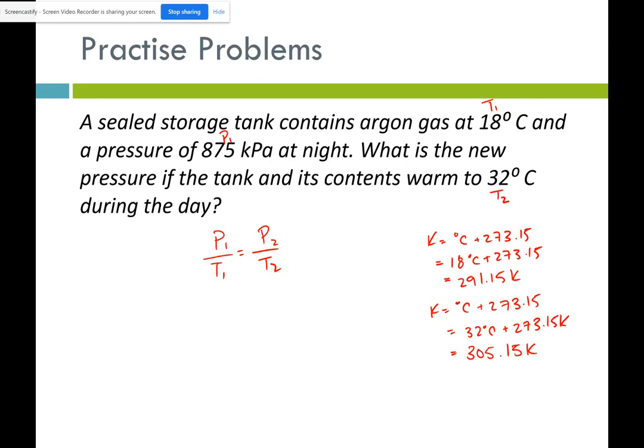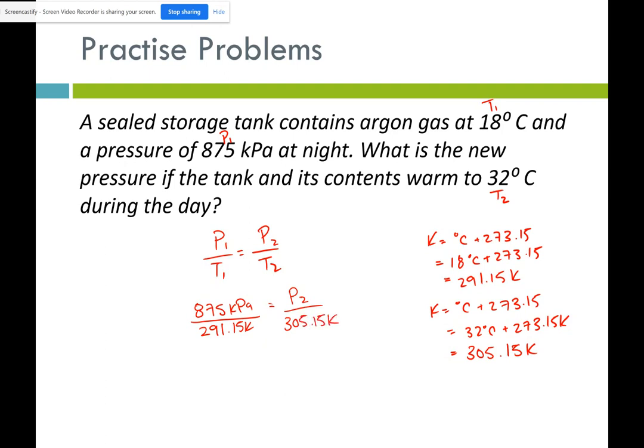Now it's just a matter of plugging those in. My initial pressure is 875 kilopascals. My initial temperature was 291.15 Kelvin. We don't know what my new pressure is, but we do know that my new temperature is 305.15 Kelvin.